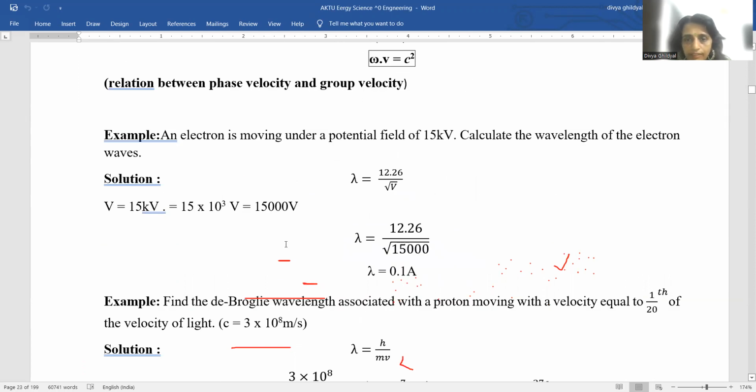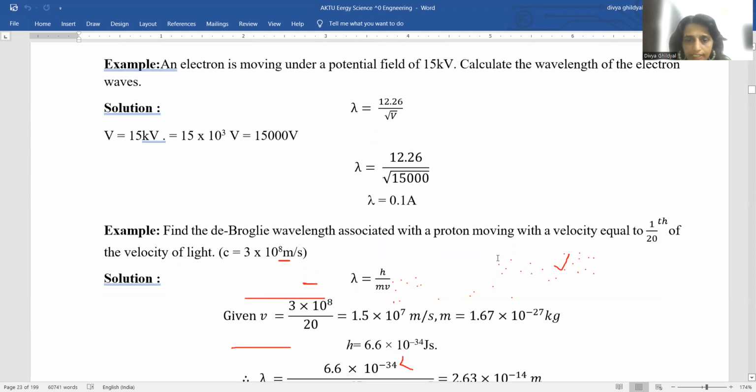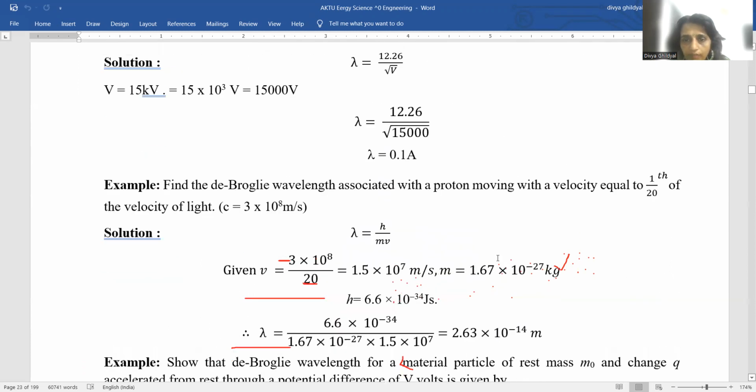One numerical example I have given, which is on de Broglie wavelength. Very easy. Find the de Broglie wavelength associated with a proton moving with a velocity equal to 1 upon 20th the velocity of light. Lambda is h upon p. P I can write as mv, momentum is mass into velocity. Velocity has been given to me as 1/20th of the velocity of light.